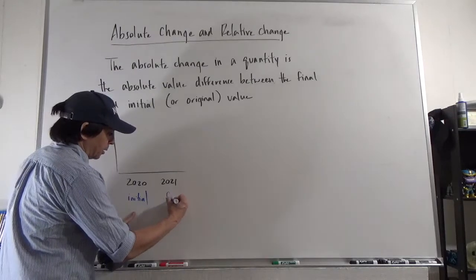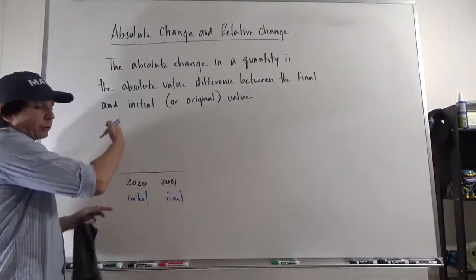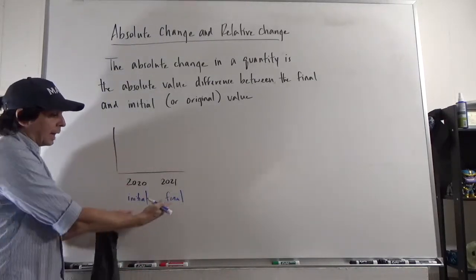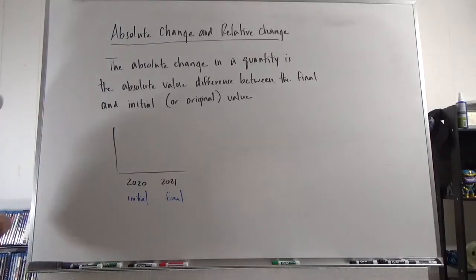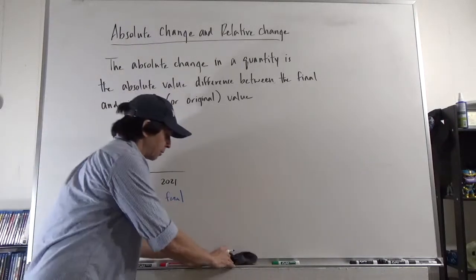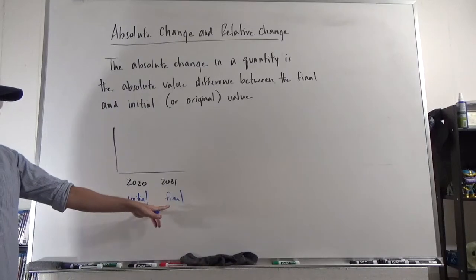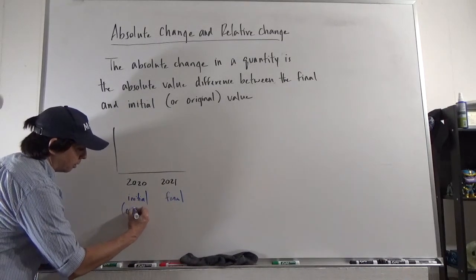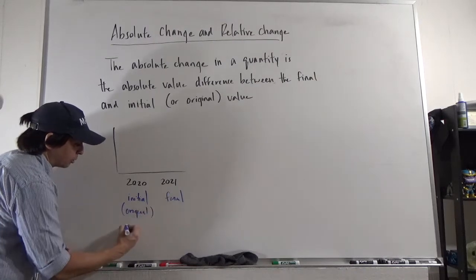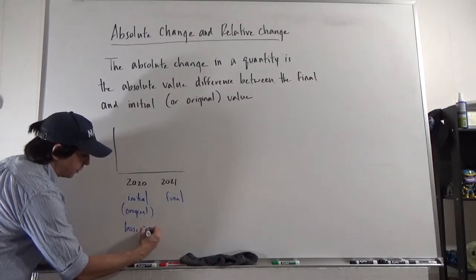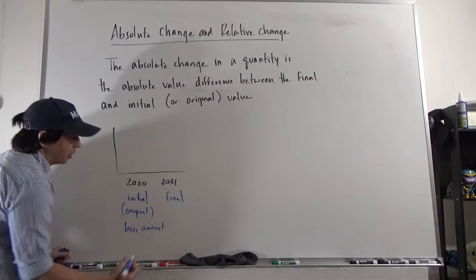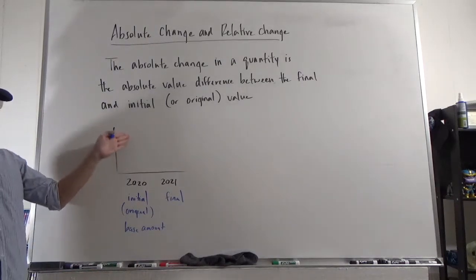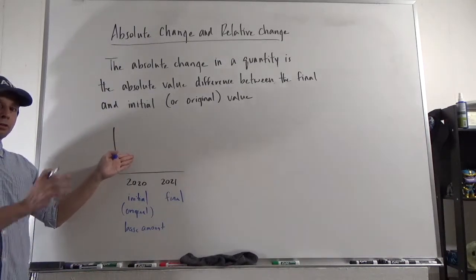And then, because we're looking at 2 points in time, a before and after, and the after is the final amount, your final weight after you dieted for 3 weeks or whatever. Okay, initial or final. Some books will refer to the initial as the original. We also noted that it's referred to as the base amount.